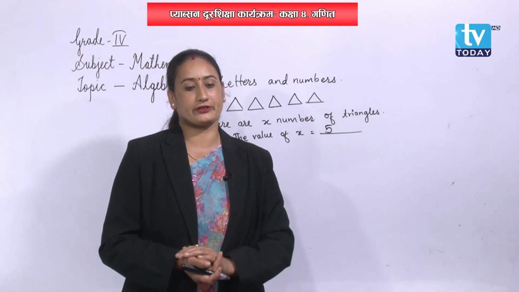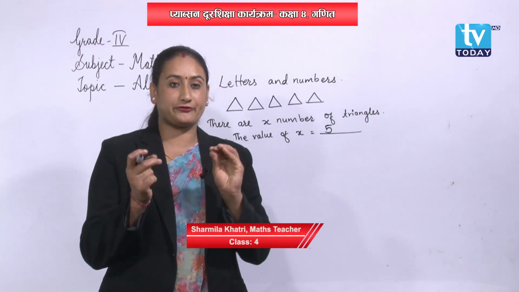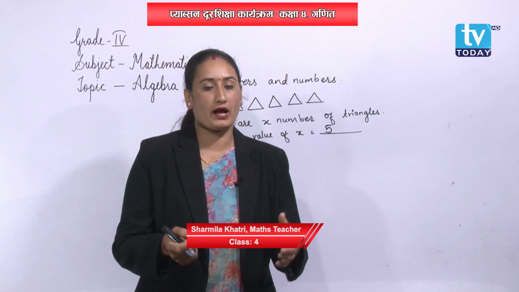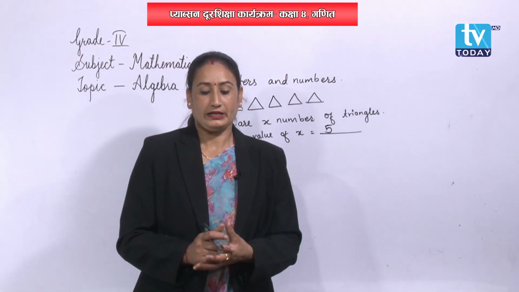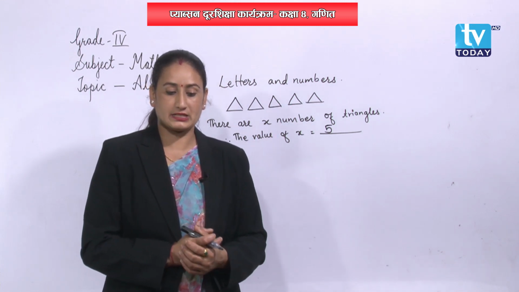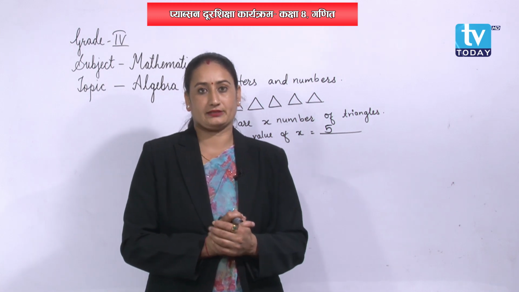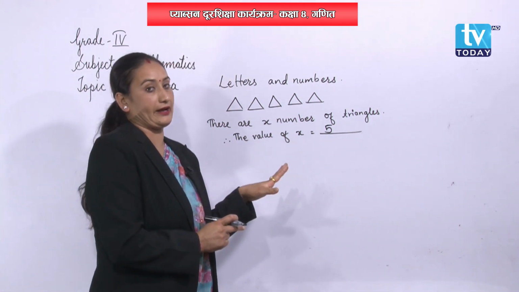So, listen very carefully, okay? A number always represents a fixed value. For example, 1, 2, 3, 4, etc. If a number represents a fixed value, then that number is called a constant.